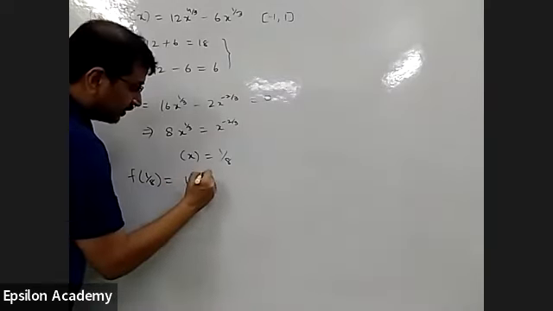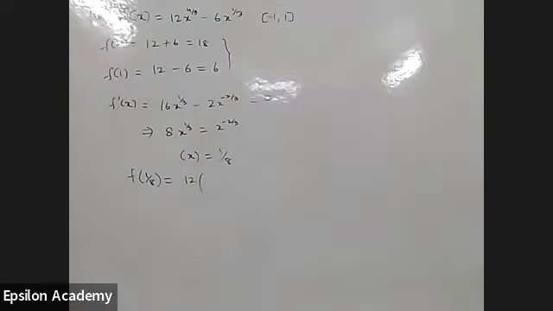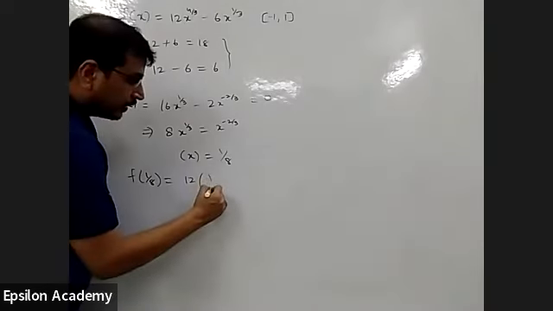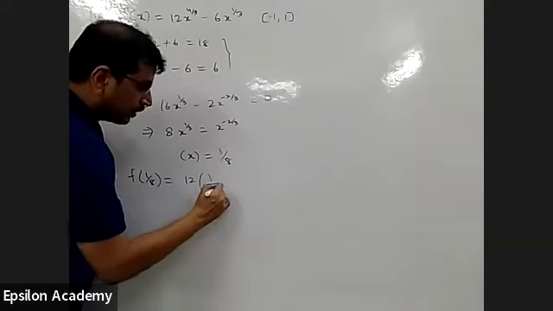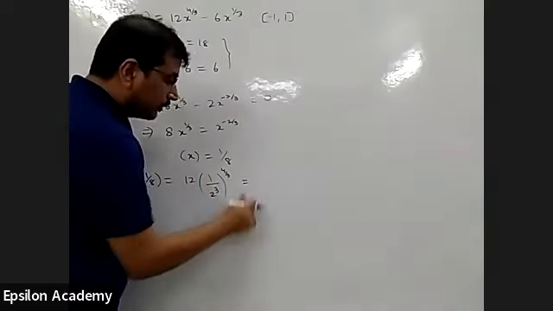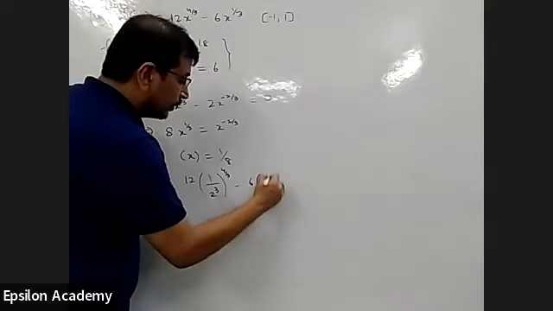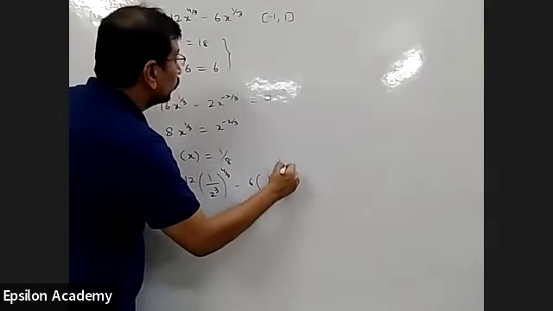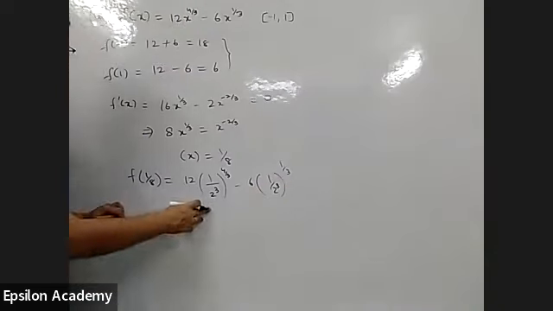So 12 into, is there anyone having problem with exponents? 1 by 8, now I can write it as 1 by 2 power 3, the whole power 4 by 3, minus 6 into 1 by 2 power 3, the whole power 1 by 3. Now what will this have?